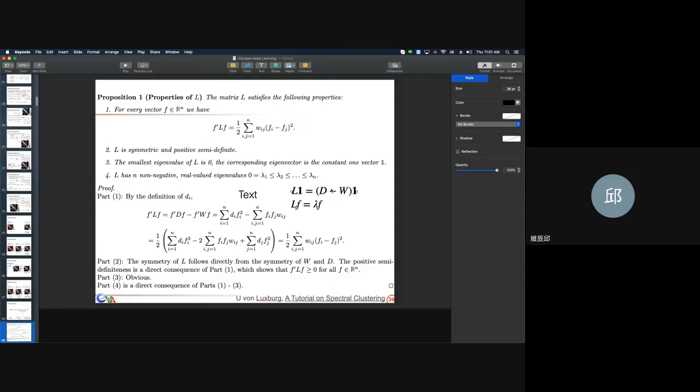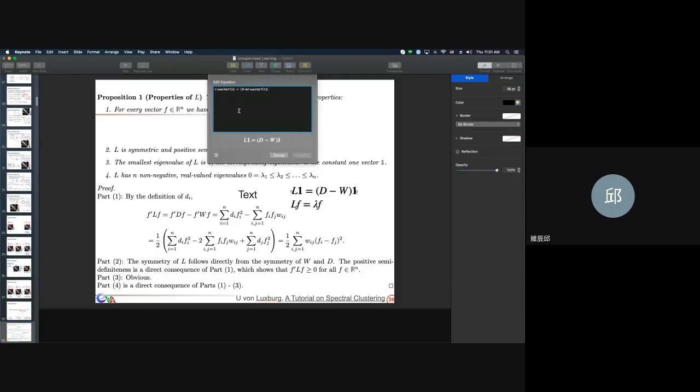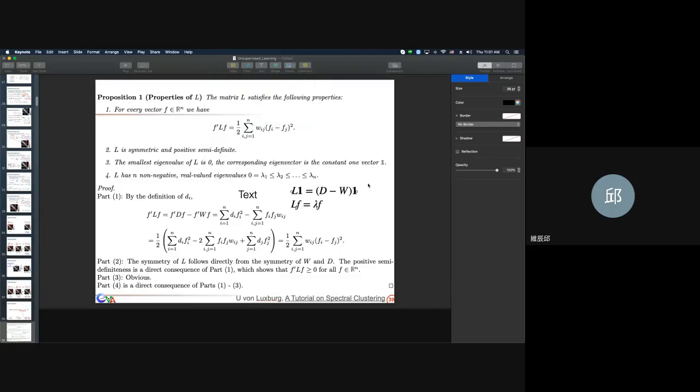So of course, this will end up equal to 0. So L multiplied with the constant 1 vector equals 0, and now the eigenvalue lambda is also equal to 0, and times this 1 vector, it will also be a 0 vector.